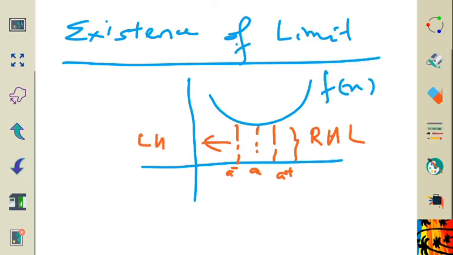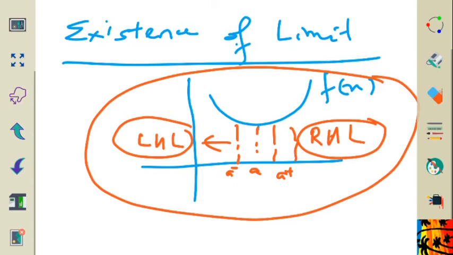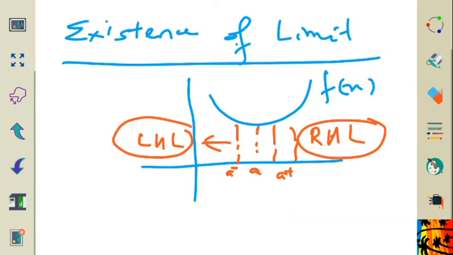RHL stands for right hand limit, and left hand limit is called LHL. Now we say limit exists if this height is equivalent to this height, right? Then only I say that the function has a limit, right?